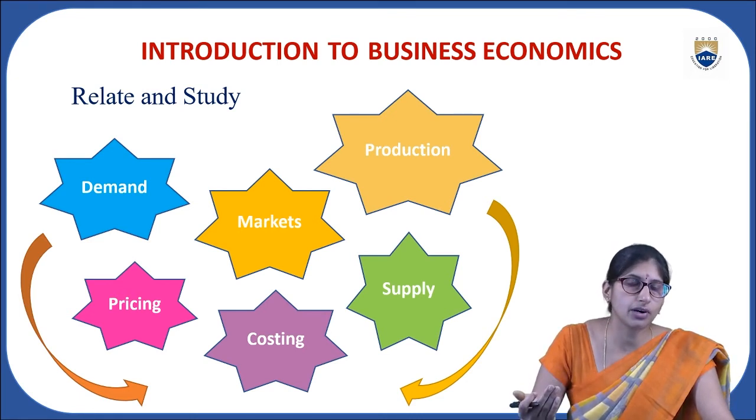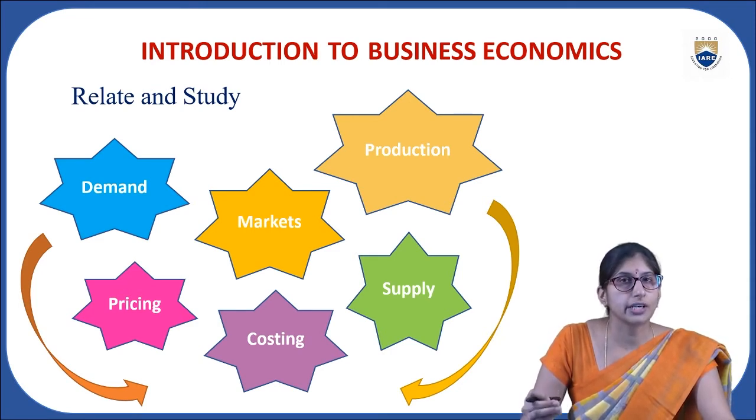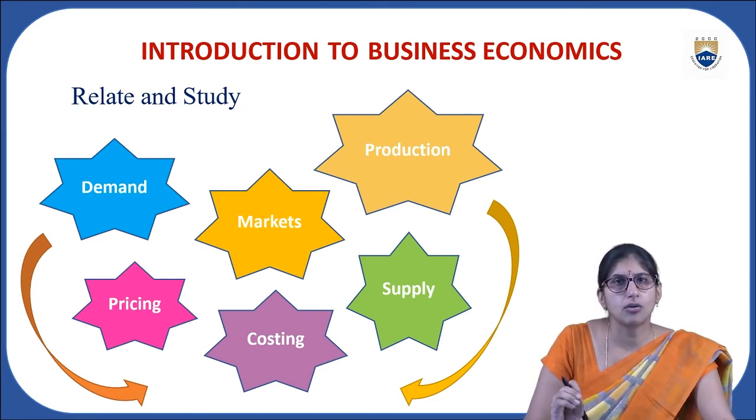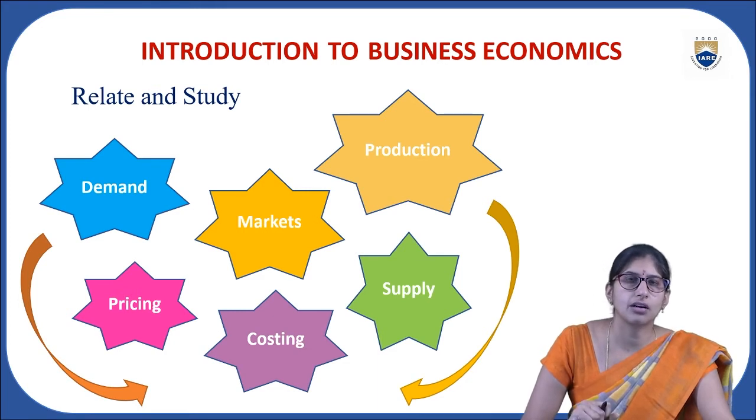Before he supplies the products, he must know the consumer or customer perception. For that, he needs to know the consumer behavior. When it comes to consumer behavior, I would like to tell you about one law of consumer behavior, the law of diminishing marginal utility.